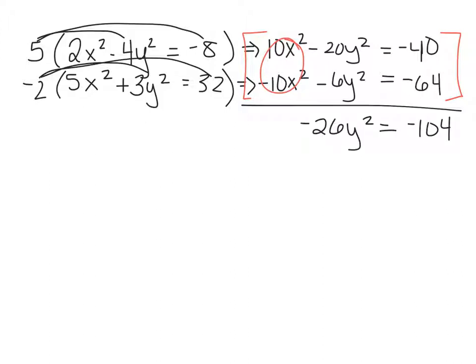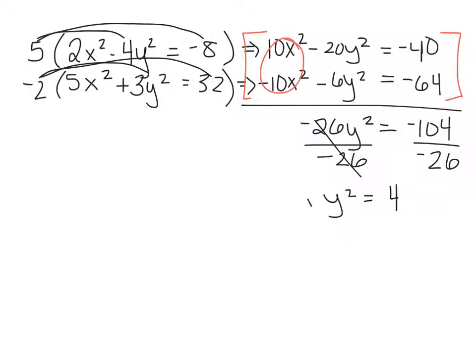Now I'm simply going to solve for y squared. So I need to isolate my variable. To do that, you do the opposite operation, so you'll divide both sides by a negative 26. And you have y squared equals negative 104 divided by negative 26. That will give you a positive 4 because a negative divided by a negative is a positive. Now I have y squared equals 4.